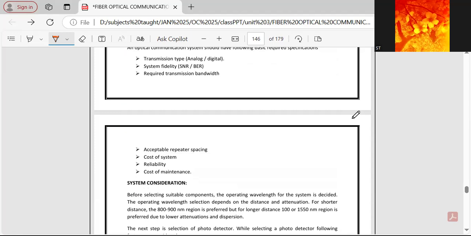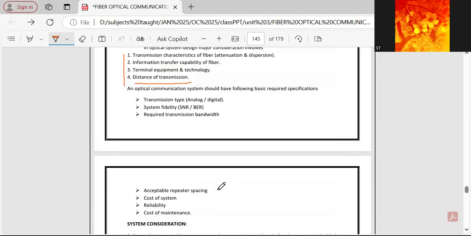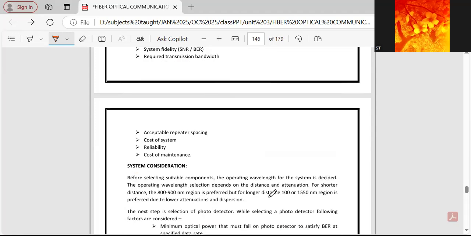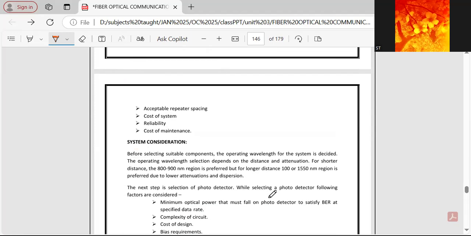And at what distance we position the repeaters? What is the overall cost of the system? Its maintenance cost, its reliability, all these parameters and specifications must be known or decided before the system design.